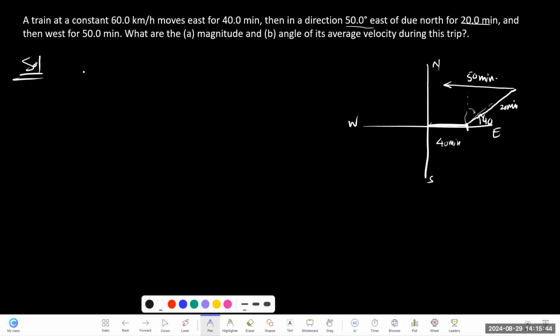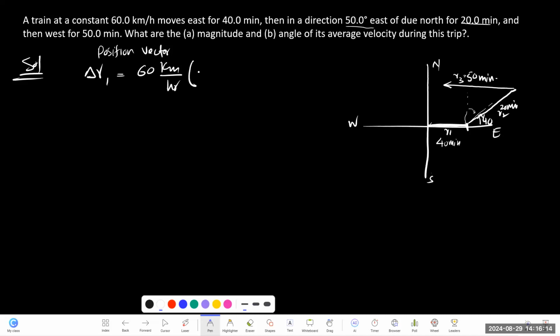So first thing first, we're going to say delta R1. But I need the position vector. So I'm going to call R1 equals 60 kilometers per hour.